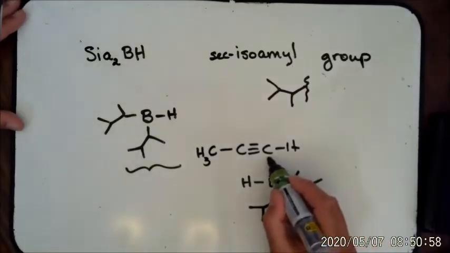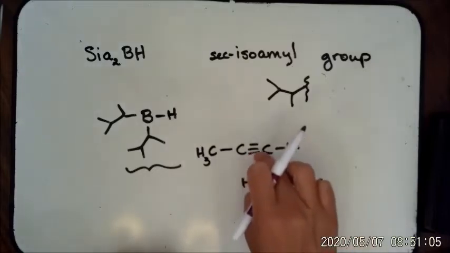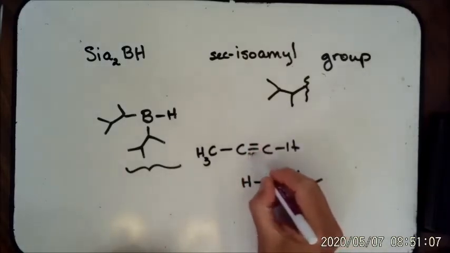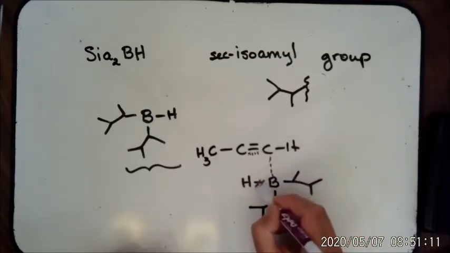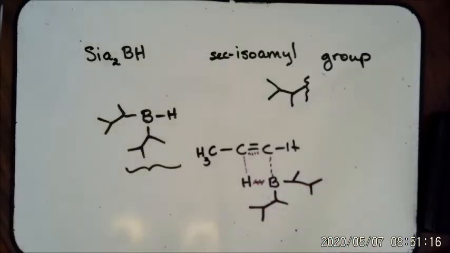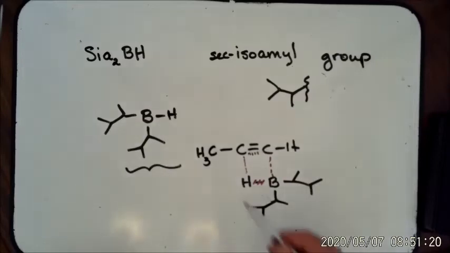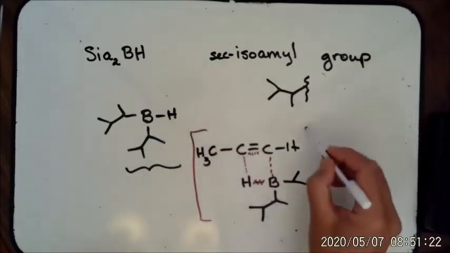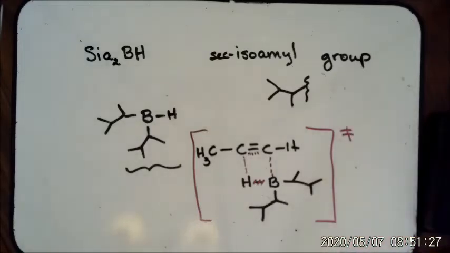And again, we're going to form your four-center transition state, where this begins to break, this begins to form, that begins to break, and this begins to form. That's my four-center transition state.